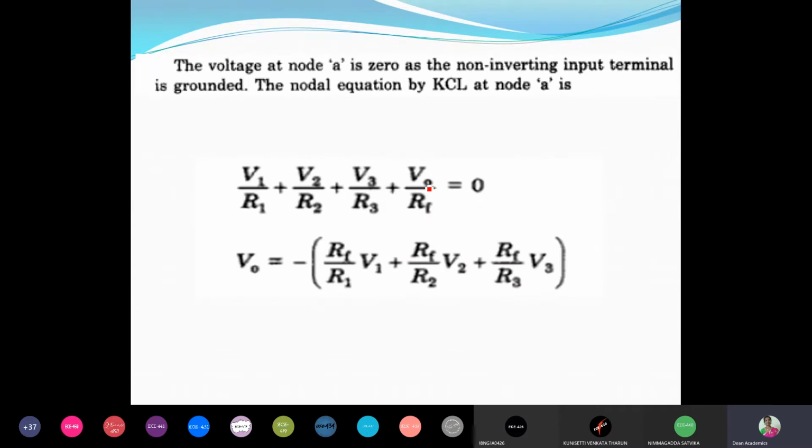Now here you take V naught common, and again it goes to the other side, minus of RF by V naught by RF. So this RF is multiplied with all the terms.